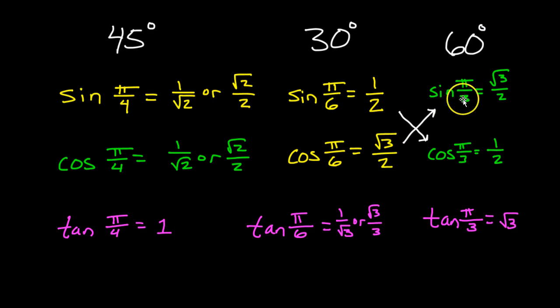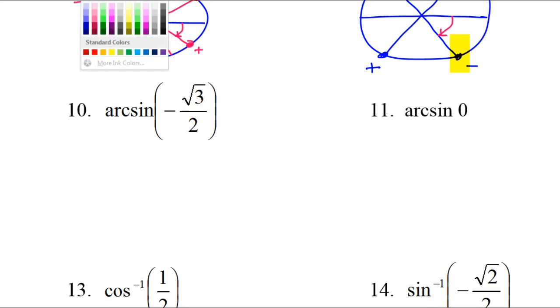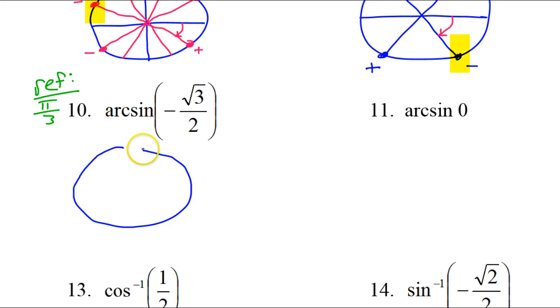The sine of pi over 3 is radical 3 over 2. Not negative, but positive radical 3 over 2. That means we have found the reference angle at least. So the reference angle is pi over 3 because the sine of pi over 3 is positive radical 3 over 2. Now that we know the reference angle, we can figure this out.